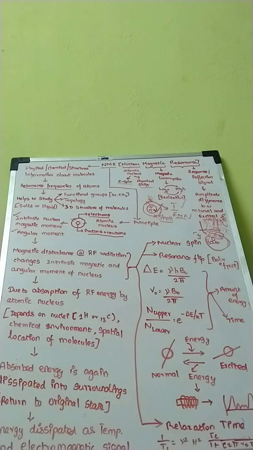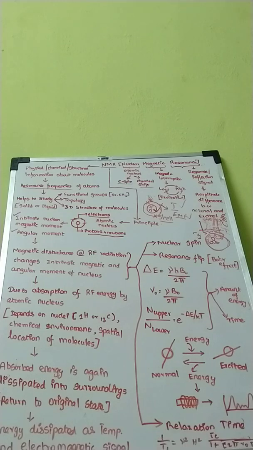There are three core aspects of this study. First, you can determine the presence of different functional groups in a molecule. Whether your molecule contains hydrogen or not, whether CH3 groups, hydroxyl groups, or alcohol groups are there or not. So you will be able to study the presence of different functional groups in a molecule.